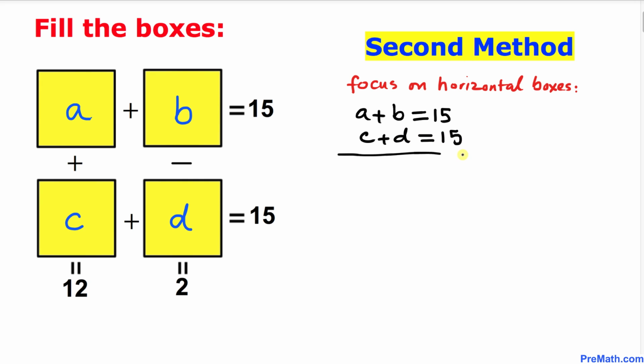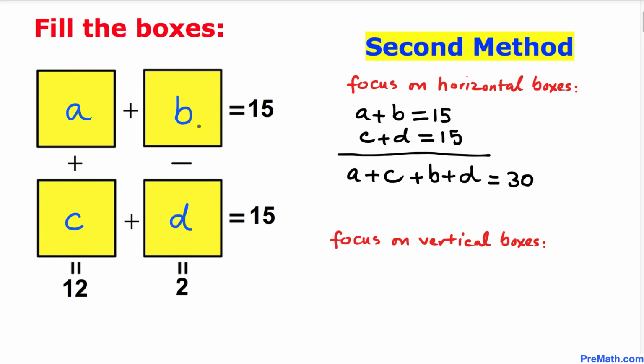Let's go ahead and add these two equations. When we add these equations, I can write A plus C first, and then plus B plus D on the left-hand side. 15 and 15 is going to make 30. And here is our next step. Let's focus now on our vertical boxes.